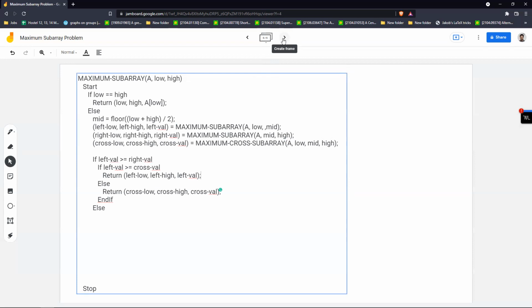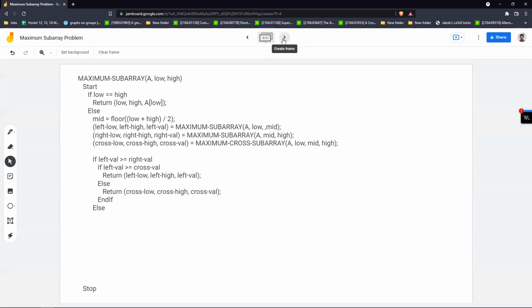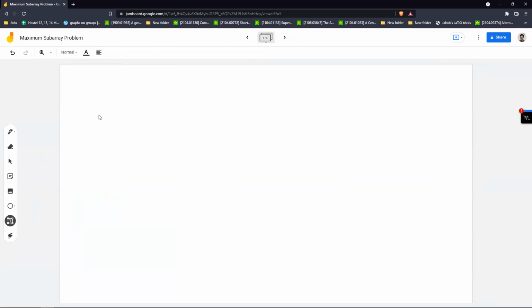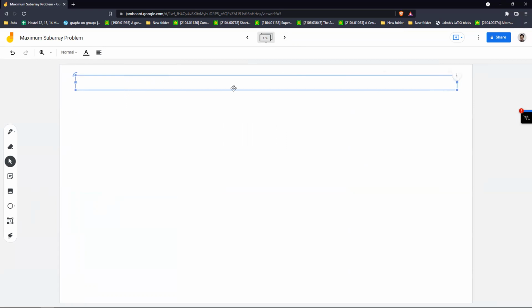Let's write this algorithm. Let me do it on the next page. So what do we already know? This is maximum cross subarray. We have A, low, mid, high as the parameters, right?